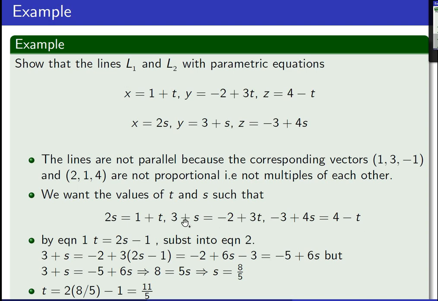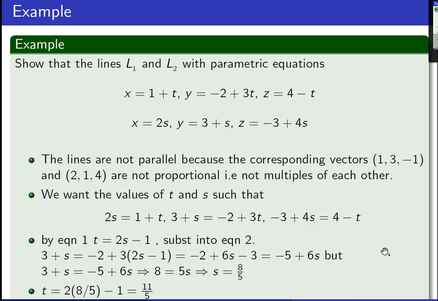Now, in order to find out if these lines intersect, we need to find the values of t and s such that the components are all equal: 2s = 1 + t, 3 + s = -2 + 3t, and -3 + 4s = 4 - t.